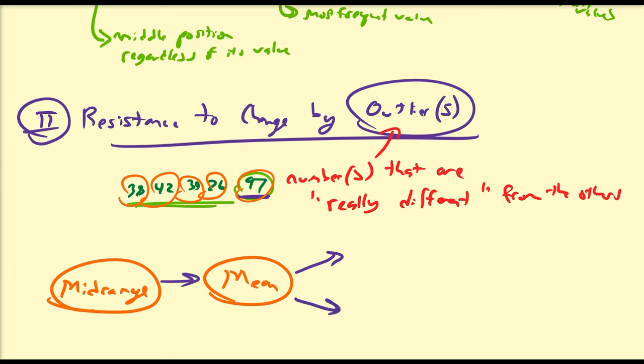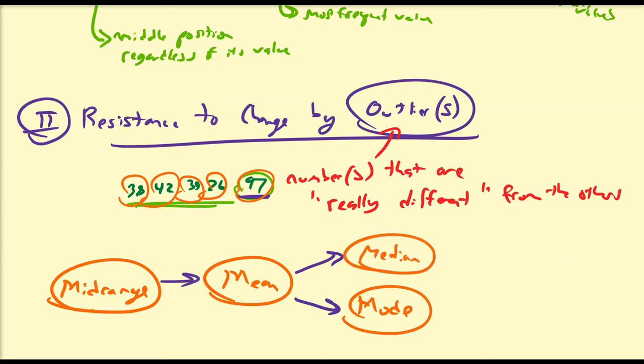Now, the mode and the median are technically tied in terms of resistance, right? So I'm going to put mode down here, and I'm going to put median down here, because if the outlier is introduced, that means it's really different from the rest, right? So the mode represents the most frequent, right?